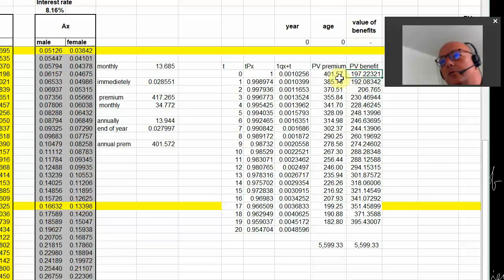You should be getting more money in than you're paying out, but you need that, because by the time you get to this point, you're paying out more than is coming in. Because the value of the premiums is going down because of discounting, and the value of the benefits is going up because of the increased mortality.